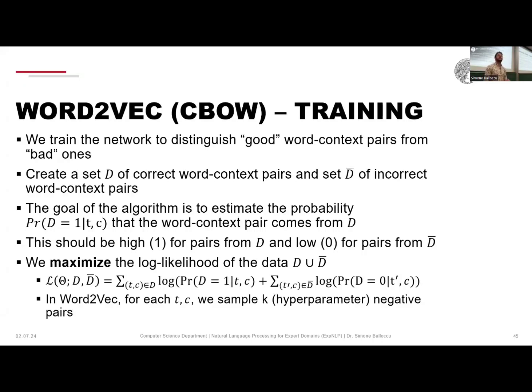Yes? You said that word2vec is self-supervised training, but this one has a labeled set of correct context pairs and a set of incorrect context pairs. I thought self-supervised training meant that we do not have any labels, or am I mistaken? No, okay, so self-supervised means we don't have any manual label.